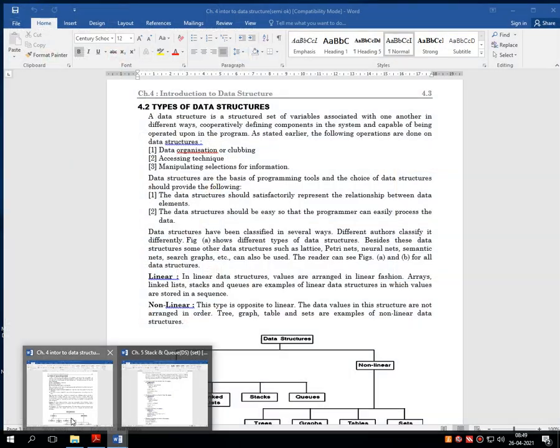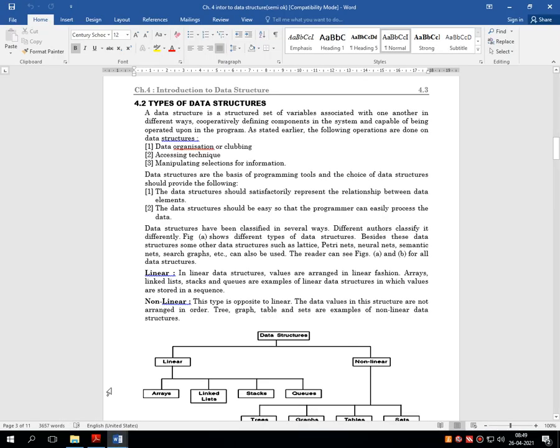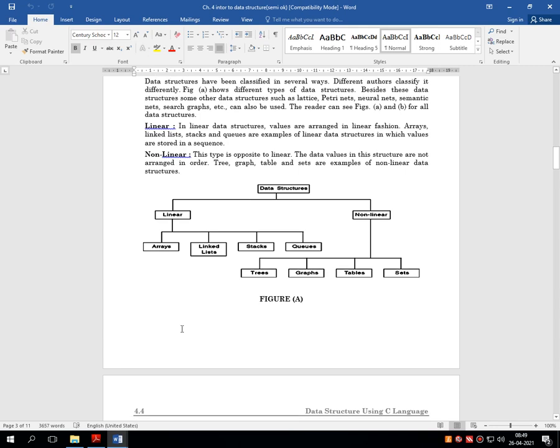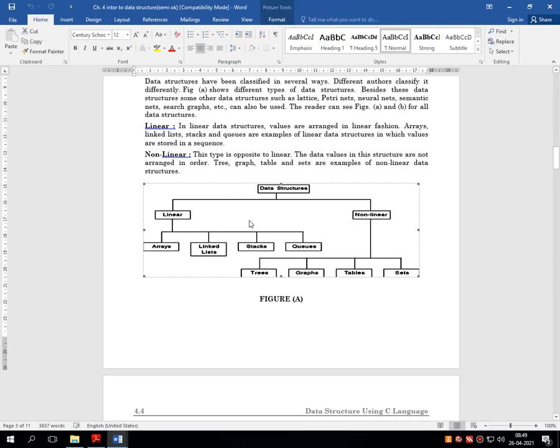As far as our subject is concerned, data structure is mainly divided into two categories, as you can see in this particular diagram, that is linear data structure and non-linear data structure. Linear data structure is further divided into four subcategories like array, stack, queue and linked list.